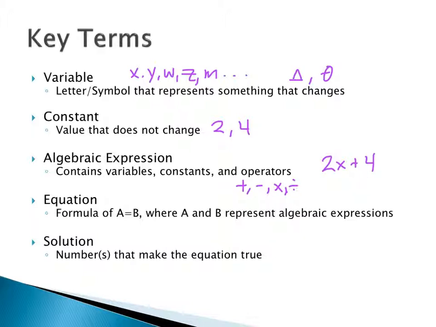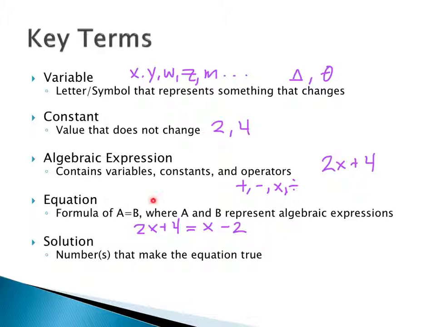A, for example, could represent the expression 2x plus 4, and we can set that equal to another expression, say x minus 2, and that represents an algebraic equation, because we are setting these two things equal to each other. So an equation tells us that the side of A is equal to the side of B.